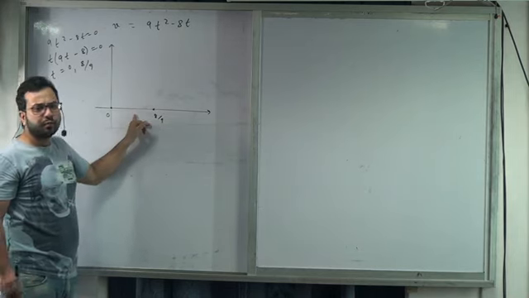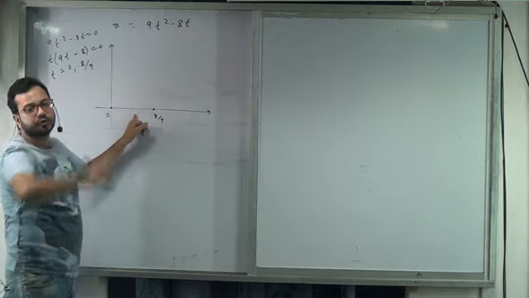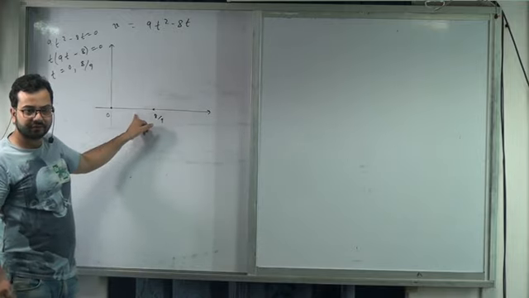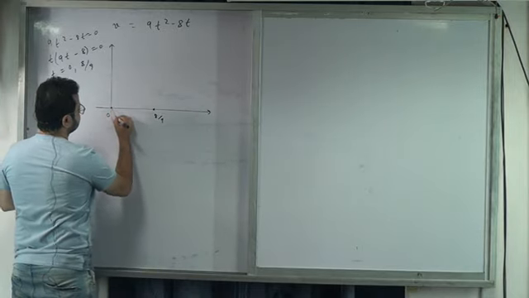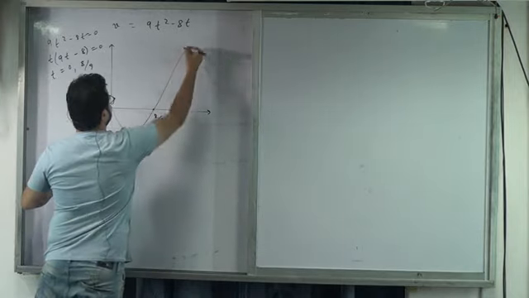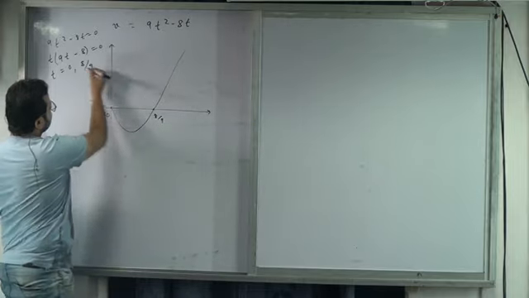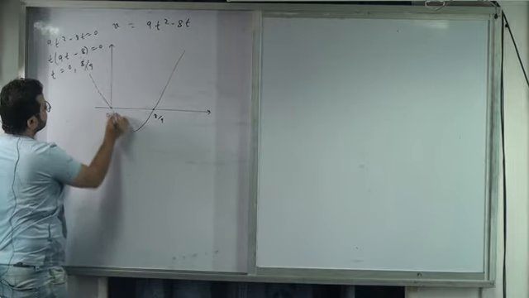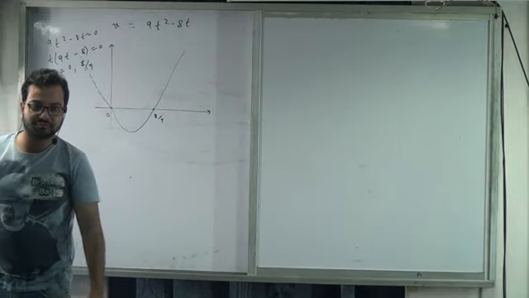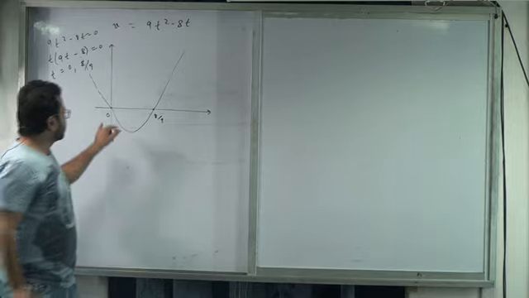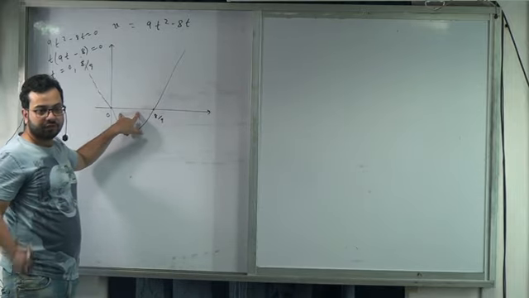Put half. When you had put half into it, what did you get? Negative. Alright, so the quadratic would look something like this. This part I'm not drawing, but if I complete this quadratic function, it will be something like this. So between these two, put a value.